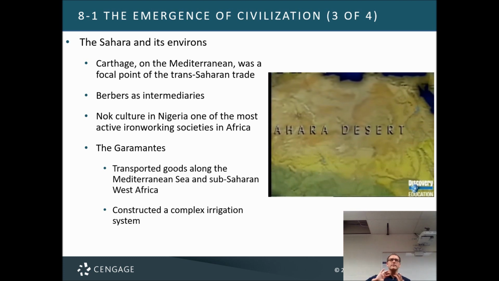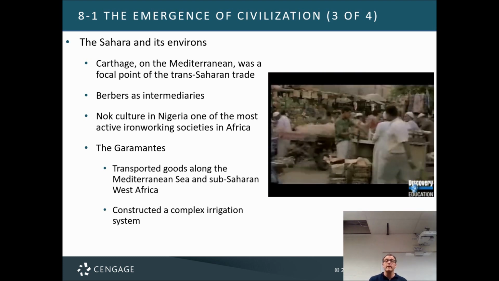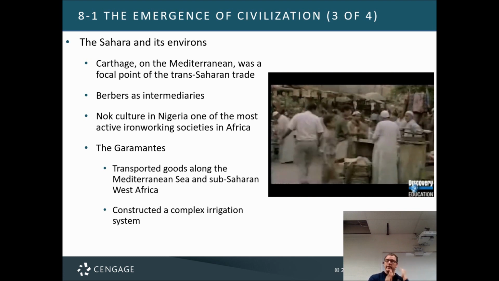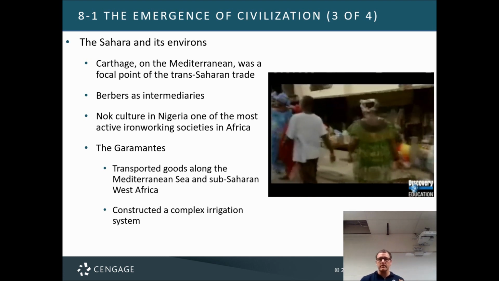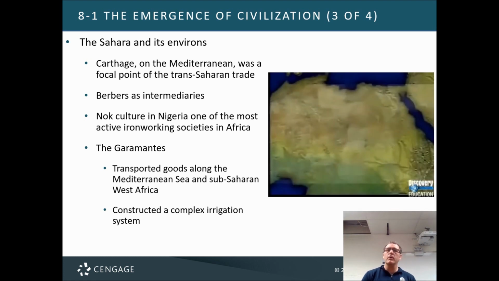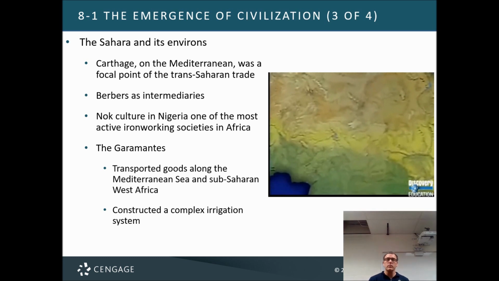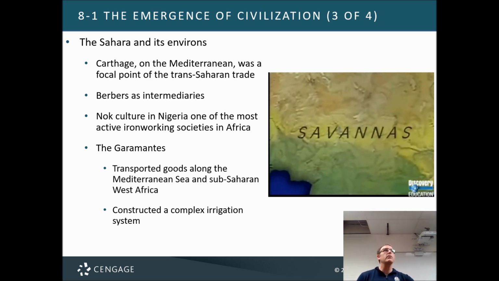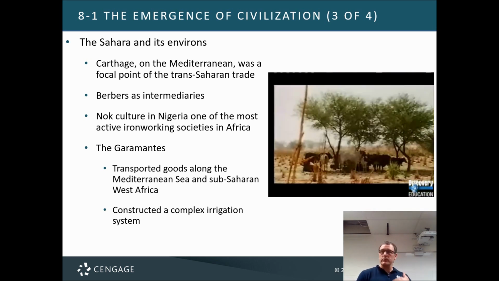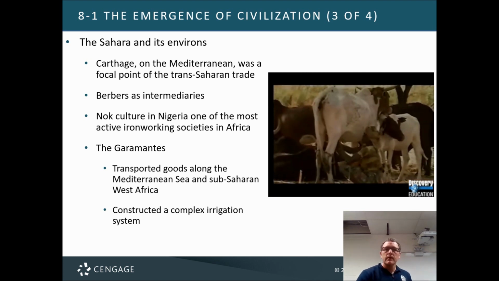So what that means is that even back to the earliest days of the Roman Republic, there were overland trade routes crossing the Sahara Desert. So for example, the Berbers were an ethnic group indigenous to western parts of North Africa. And they were often the travelers or the caravans that would bring goods across the desert.